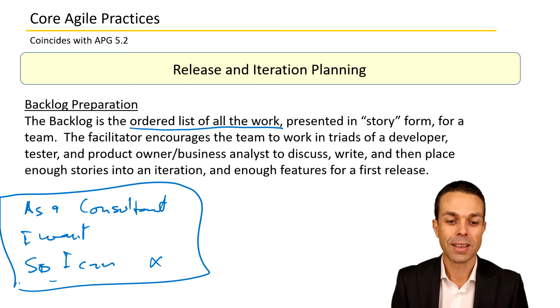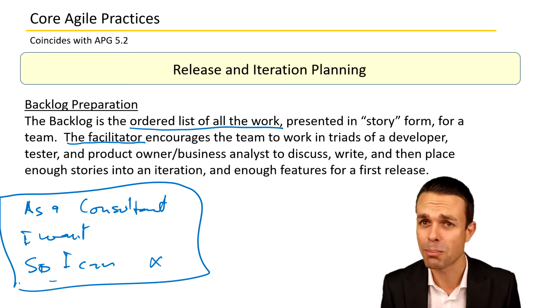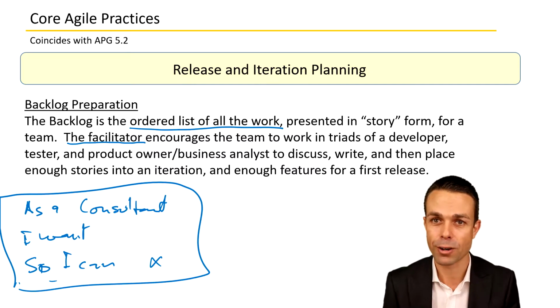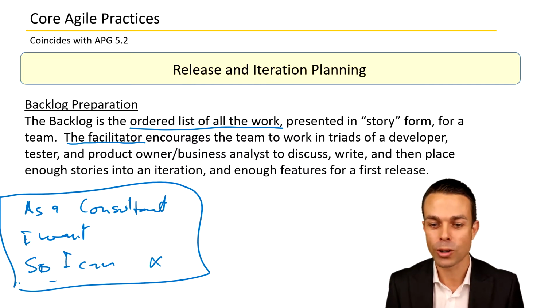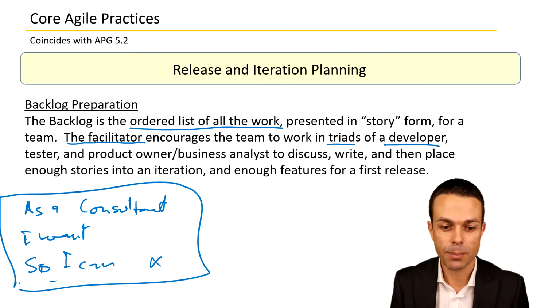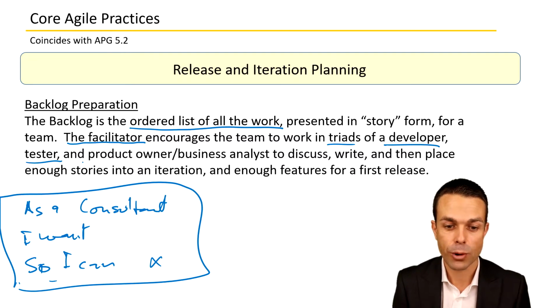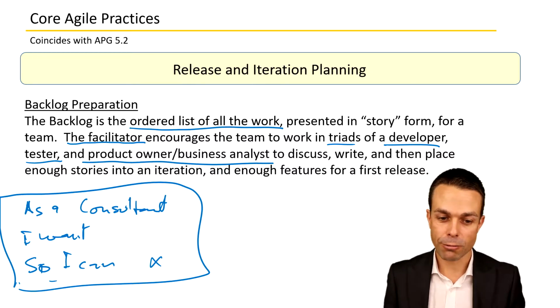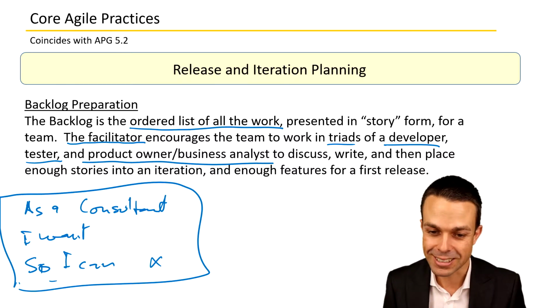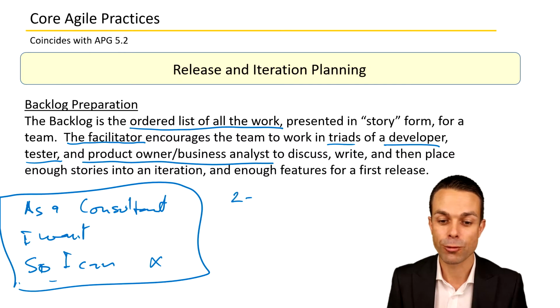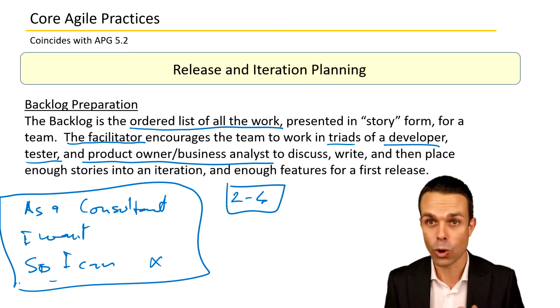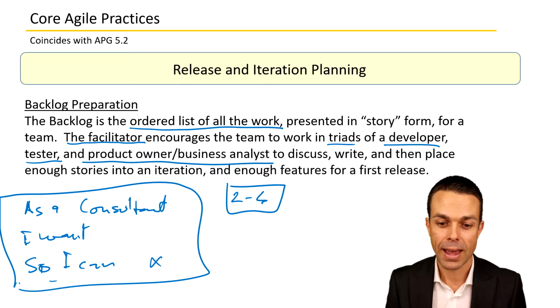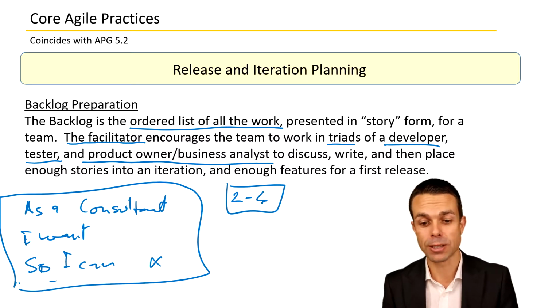With those stories, the team facilitator role, which is that servant leadership role, the scrum master, the project manager, that kind of role, encourages the team to work in triads of a developer, a tester, and a product owner or a business analyst to discuss, write, and then place enough of those stories into an iteration. So an iteration is that 2 to 4 weeks time-boxed period of work, and to have enough features for a first release.